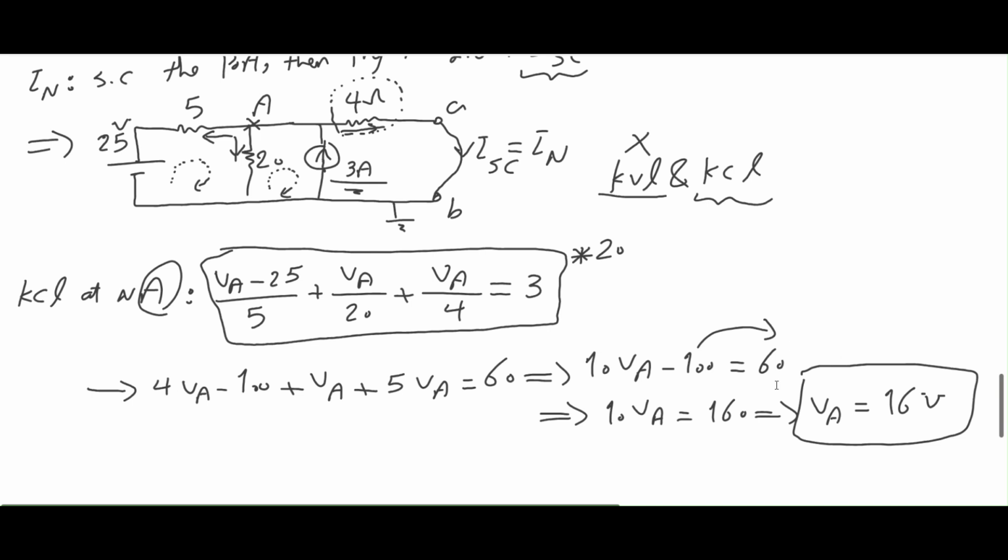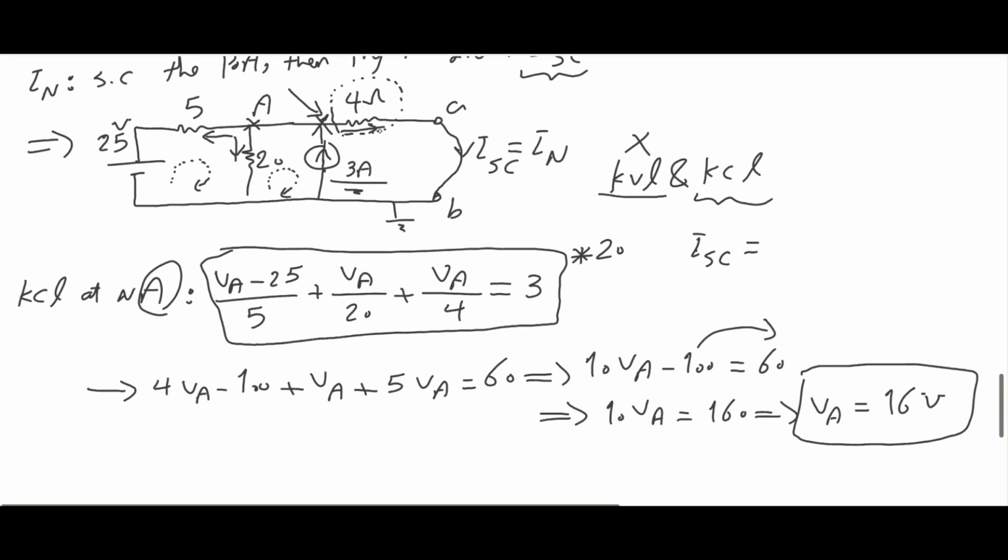If I have VA, is there a way to figure out my short circuit current flowing into port AB? The answer is yes. You see the voltage of this node is nothing but the same voltage of VA. And from Ohm's law, I know that ISC is the same current flowing into 4 ohms.